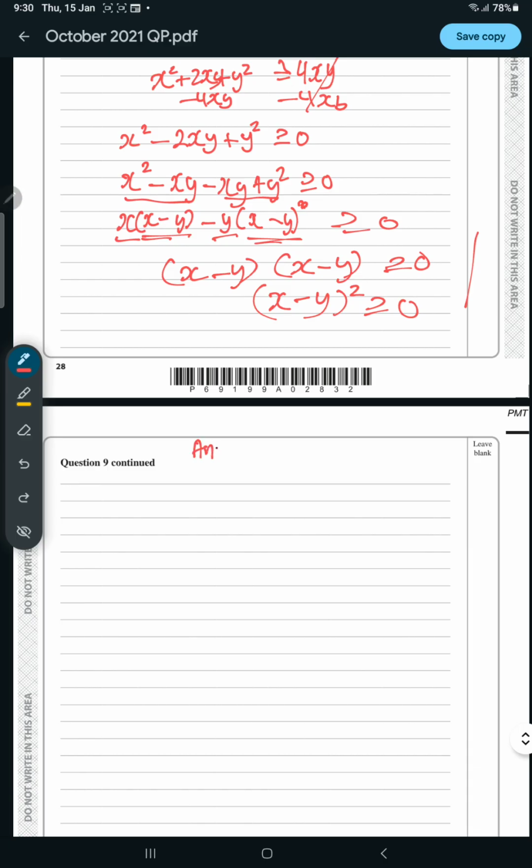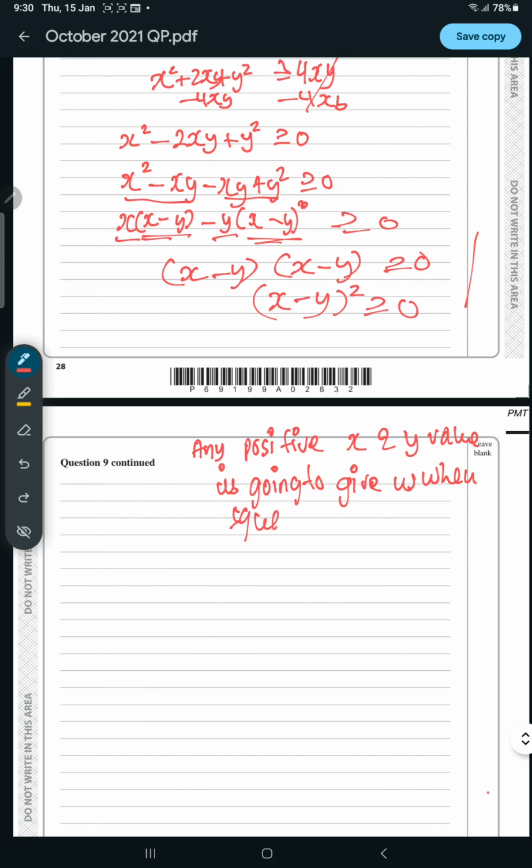Well, any positive x and y value, when it is squared, is greater than or equal to 0.